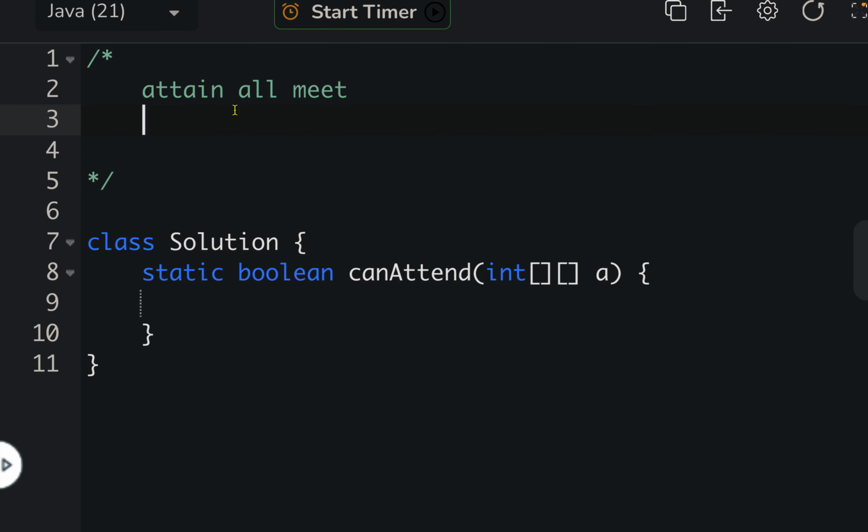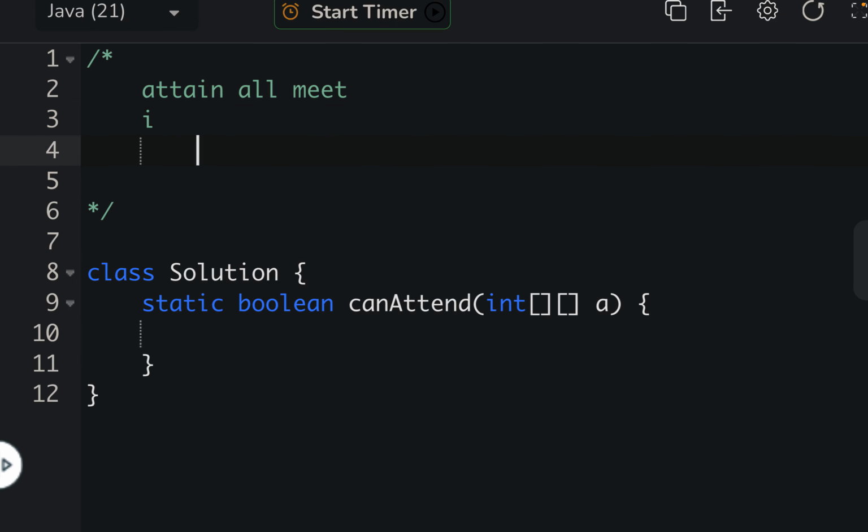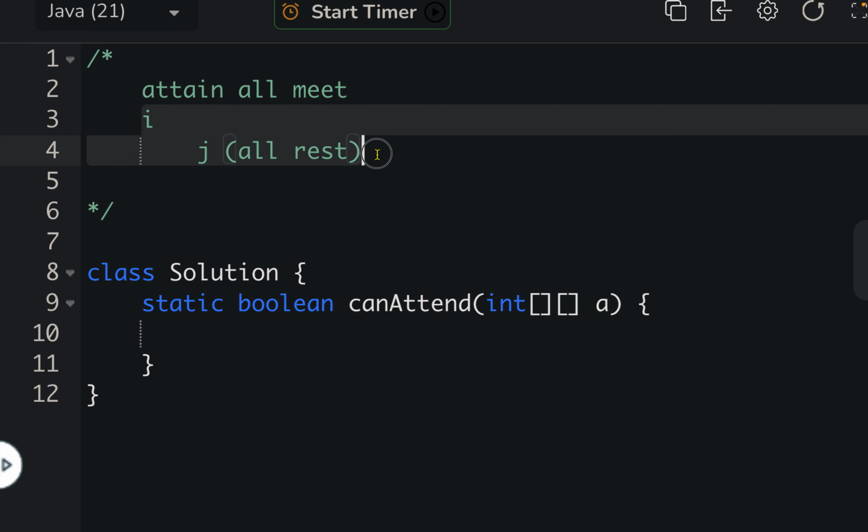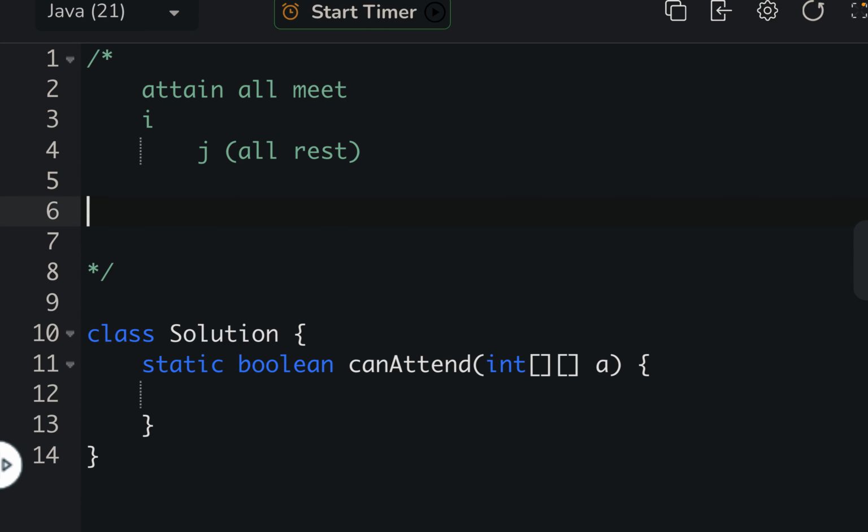One thing is, you take a meet I and check with all the rest of the meets J, and then you can easily count that if a meeting intersects, then he cannot attend. So overlap, then strictly no.